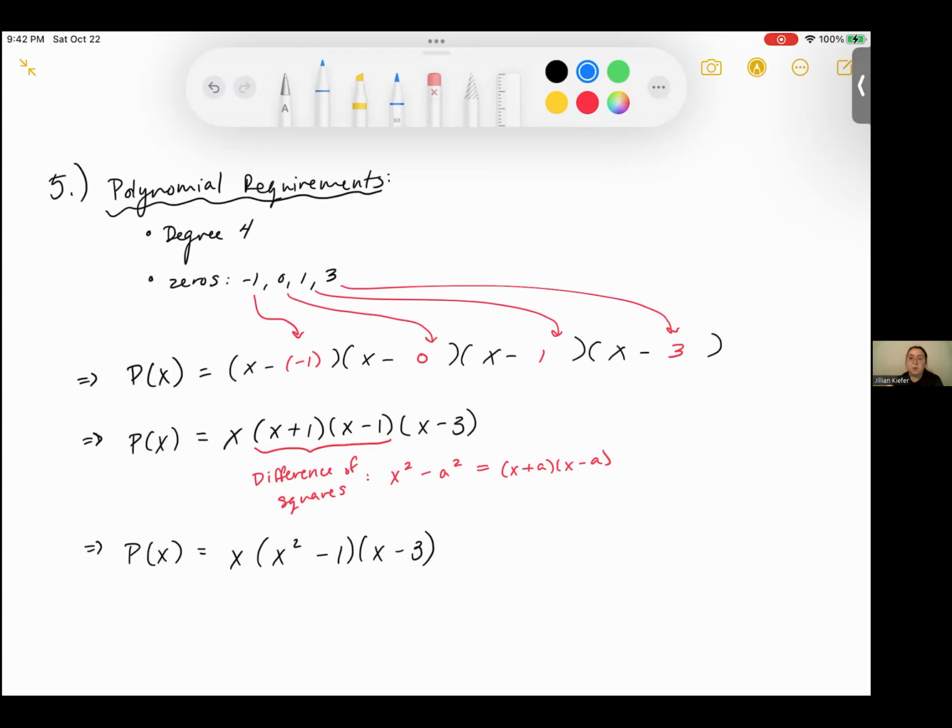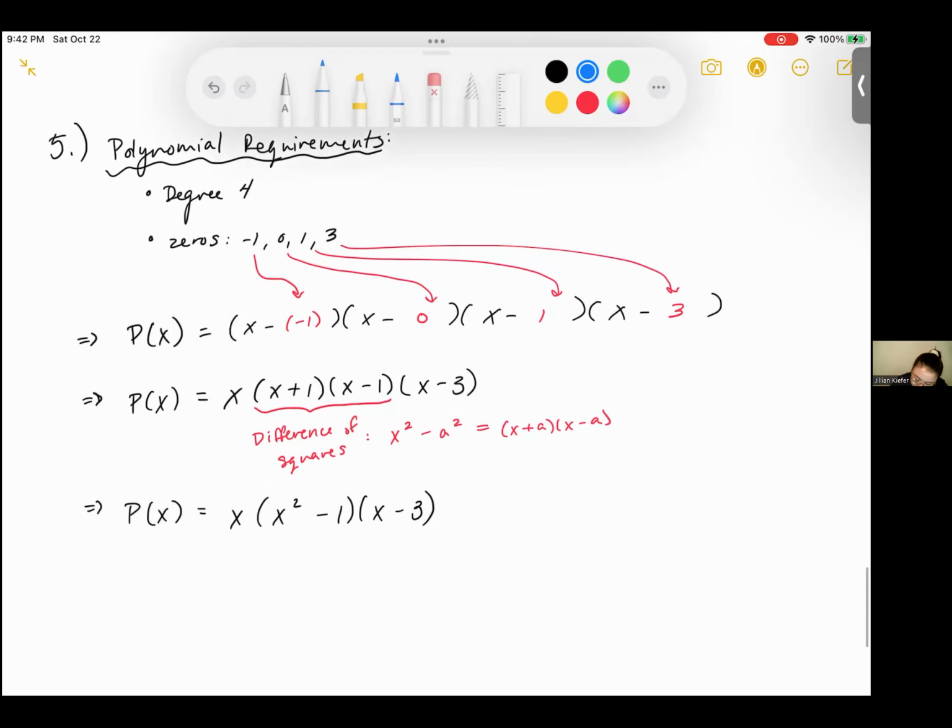For us, I'm just going to multiply the more difficult parts first, and then I can just add in the x at the end. So I'm going to multiply the x squared minus 1 and the x minus 3 together first. If we FOIL these out, because that is the method that I typically prefer, that'd be first, which in our case would be x squared times x, which would be x cubed.